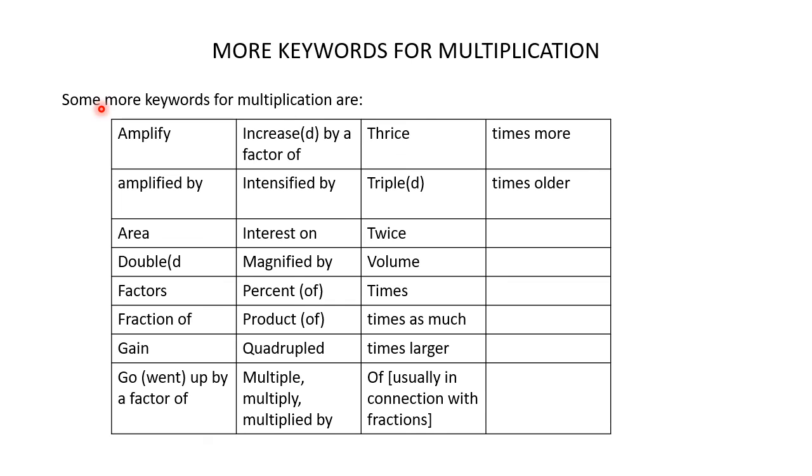So look at all these words now. These words are for multiplication. These are the keywords which mean multiplication. If any of these words appear in the question, then it means that you have to do multiplication. So become familiar with all these keywords for multiplication.